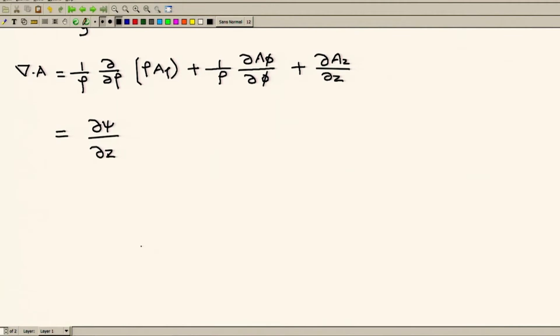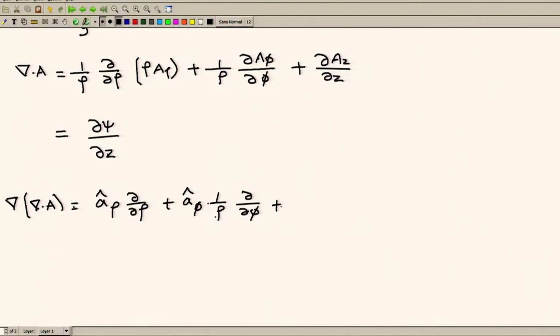Okay. Therefore, we can write del of del dot A as A rho del rho plus A phi del phi plus Az del z, and here we have del psi del z.